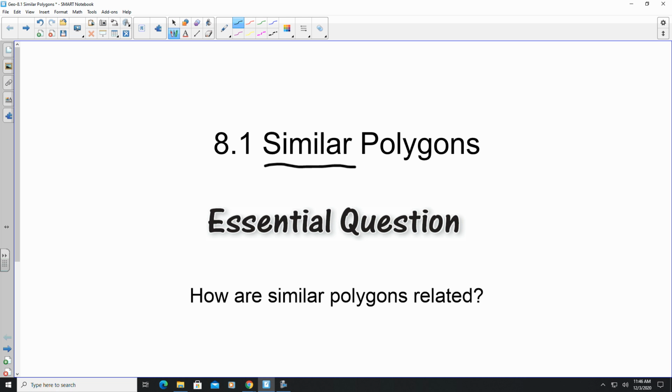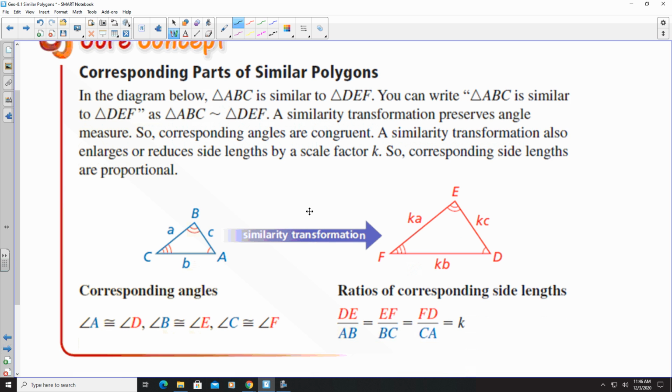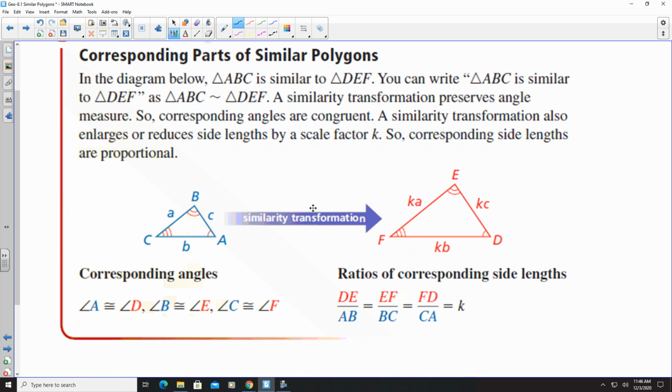So when something is similar, we are going to look at two similar concepts to congruent figures. When two figures are similar, we're still going to look at the corresponding angles and the corresponding sides. So just like congruent figures, our corresponding angles must be congruent. So whether they're similar or whether they're congruent, the angles have to be congruent with respect to the two figures in question.